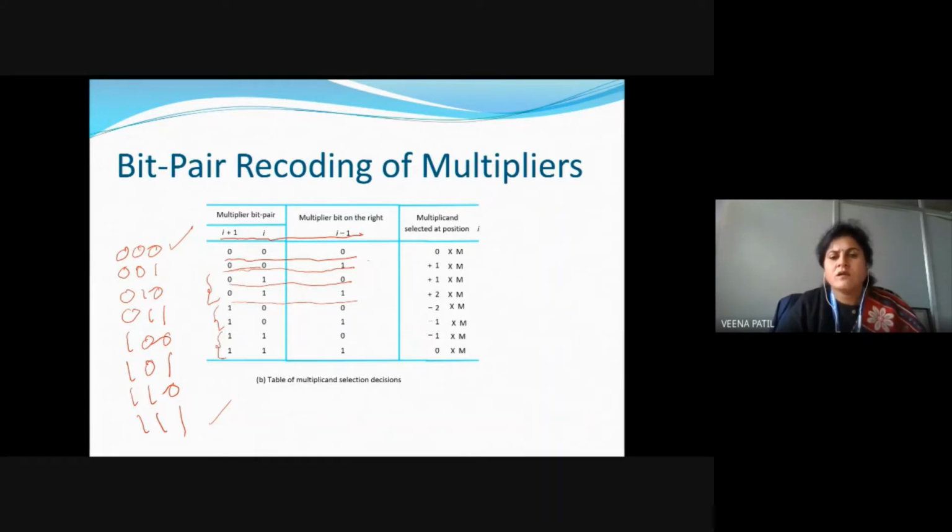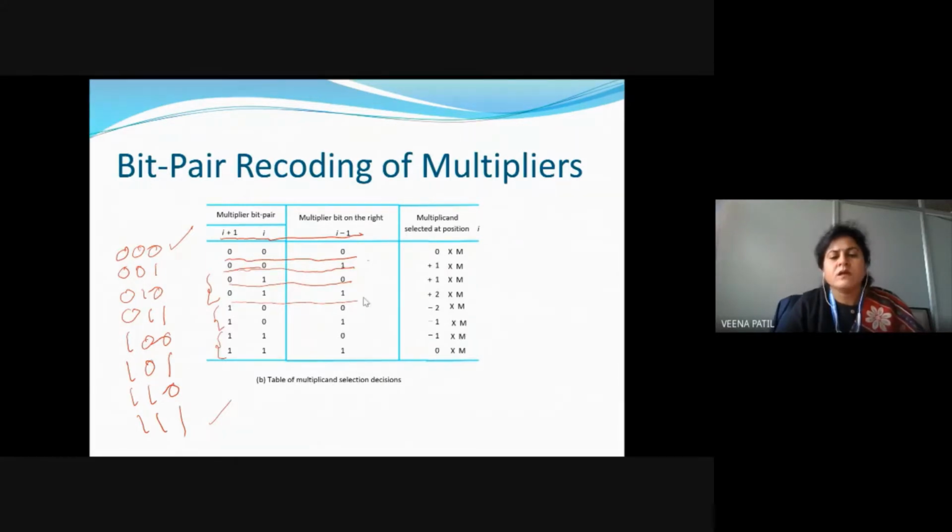Nitya, Sonia, okay. Only 3 students. Please finish it fast. Simply you are supposed to write the numbers right from 0, 0, 0 to 1, 1, 1. Binary numbers 0 to 7. Done. Bhagya done. Amrita done. Quick.